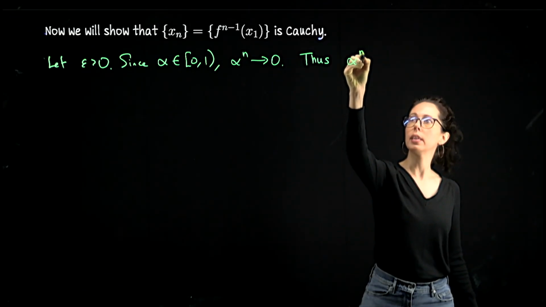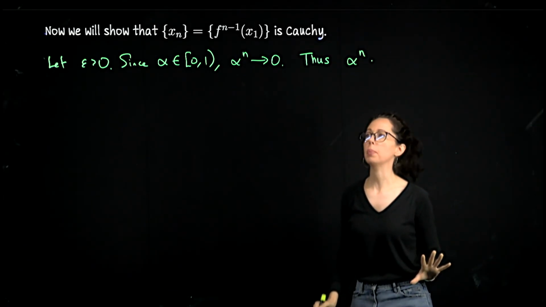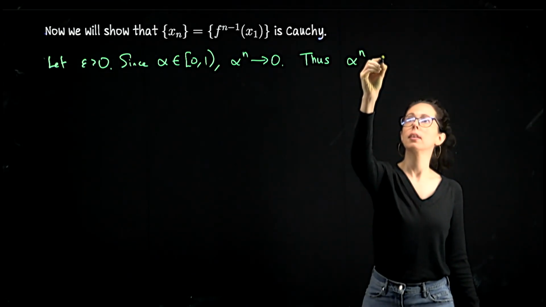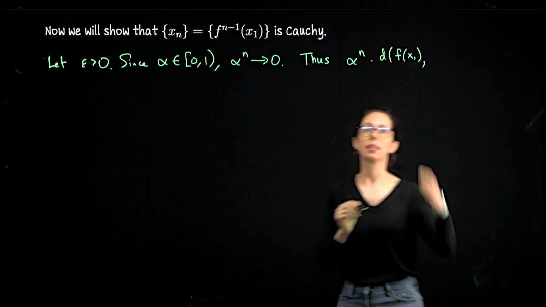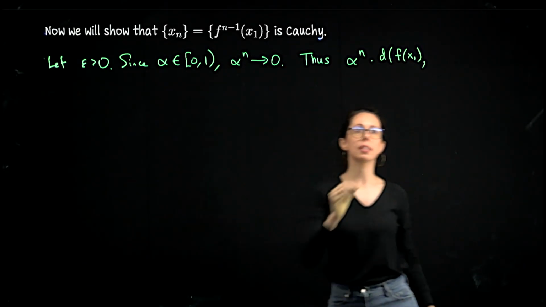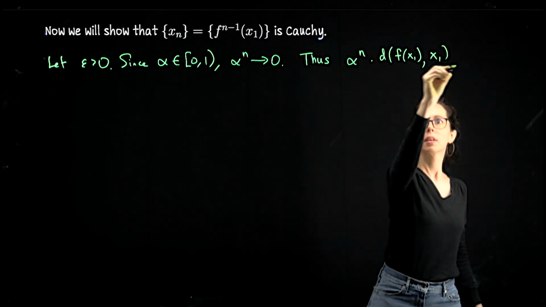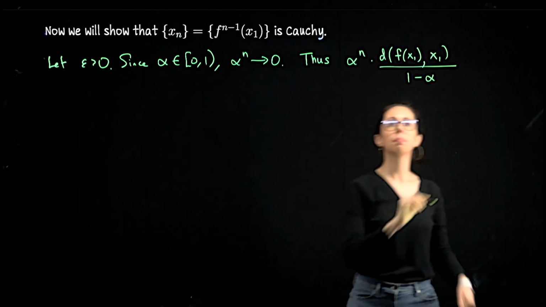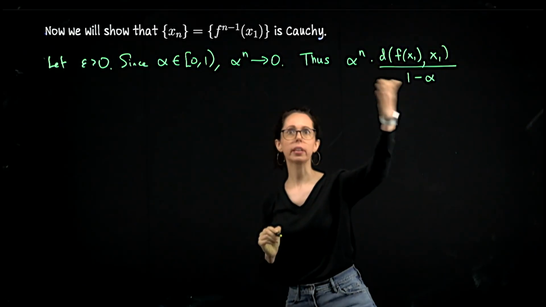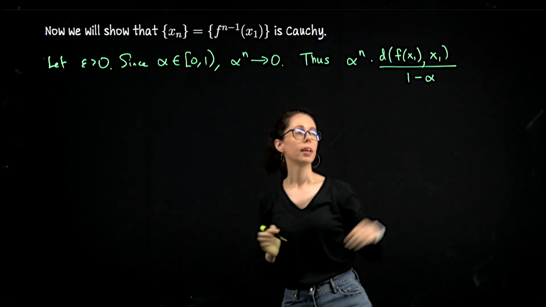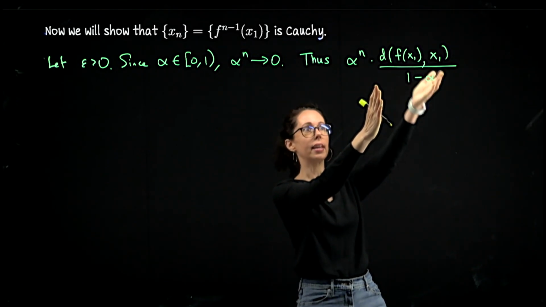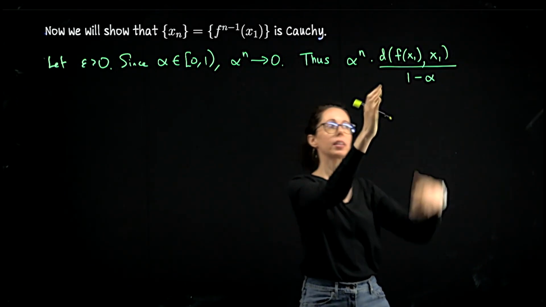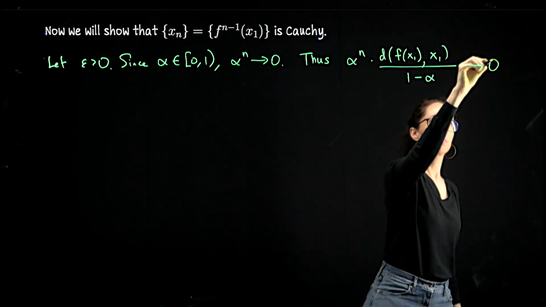So alpha to the n times just the fixed number, which looks like the distance between the second term in the sequence and the original seed, divided by 1 minus alpha. This is never 0 because alpha is strictly less than 1. This is a fixed number. This doesn't change with respect to this index n. So this going to 0 times this fixed number also goes to 0.